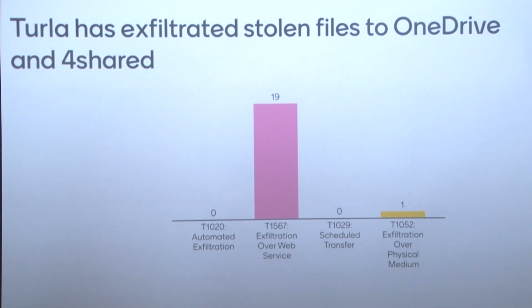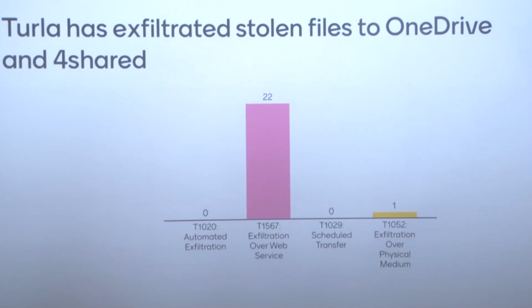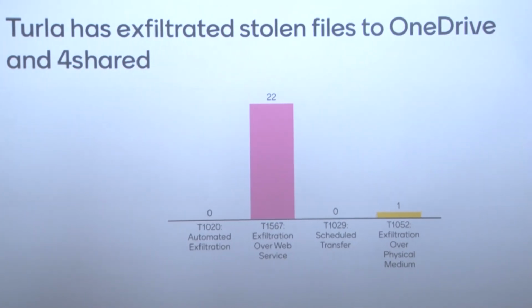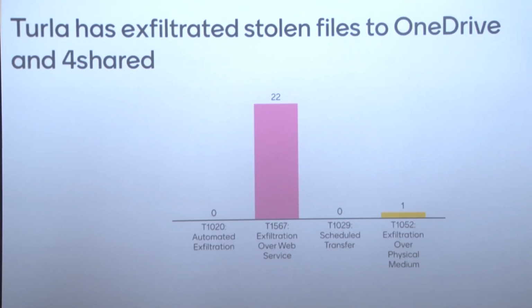Okay. So, the majority have answered correctly: exfiltration over web services. This cloud and OneDrive are nothing but a web service. So, in this behavior, the attacker is sending victim data to one of the web services, so we can go with exfiltration over web services. Exfiltration over physical medium happens when attackers are physically connected with the victim infrastructure and transfer data, like to a USB or hard drive.